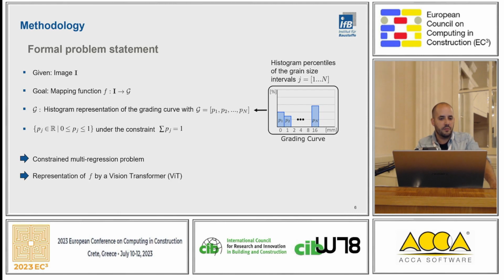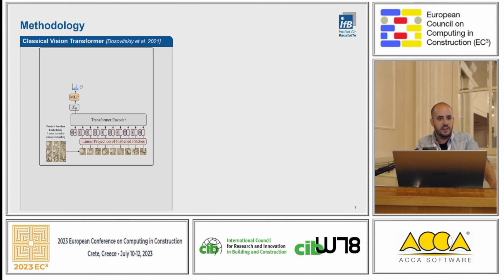And in order to define F in this work, we try to use vision transformers. The classical way in which vision transformers work is that they divide an input image into several patches, linearly project them, and with this receive the patch tokens for each patch.